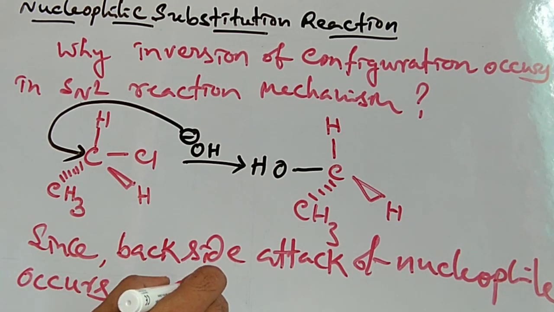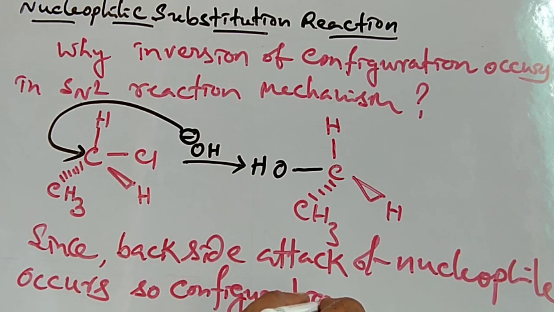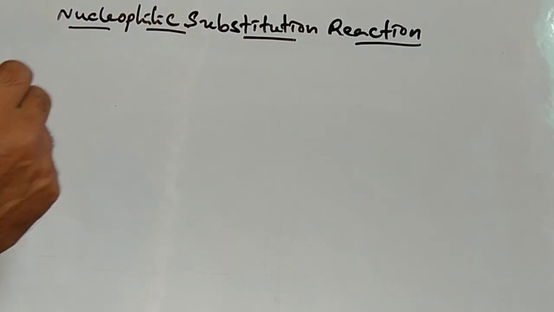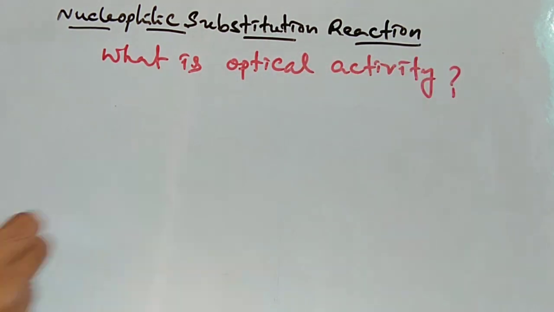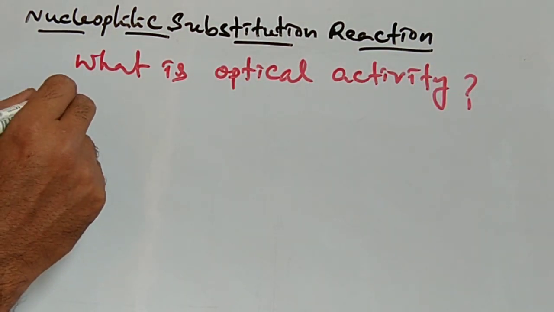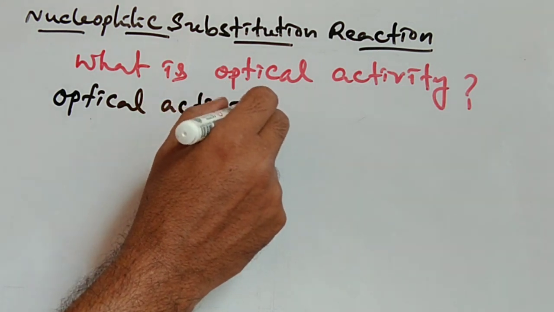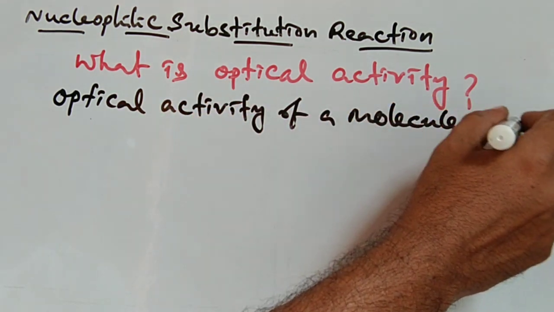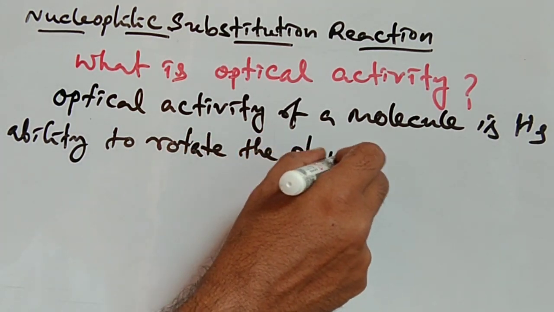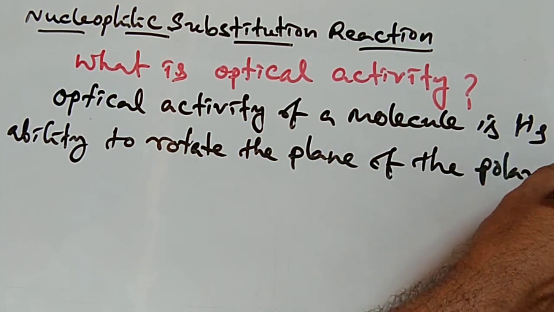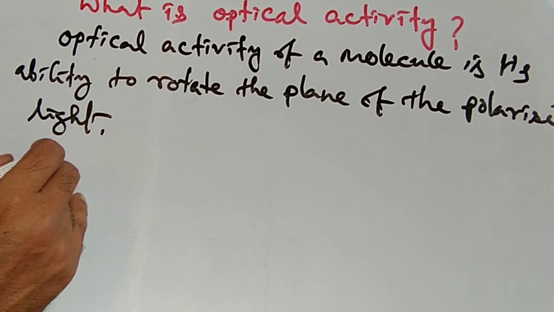Sn2 reaction passes through a transition state. In the transition state, the incoming group and the leaving group are collinear and on opposite sides of the attacked carbon atom. Furthermore, the line joining the entering group and leaving group is perpendicular to the plane containing the other three groups. In the original molecule, the four groups are arranged tetrahedrally.